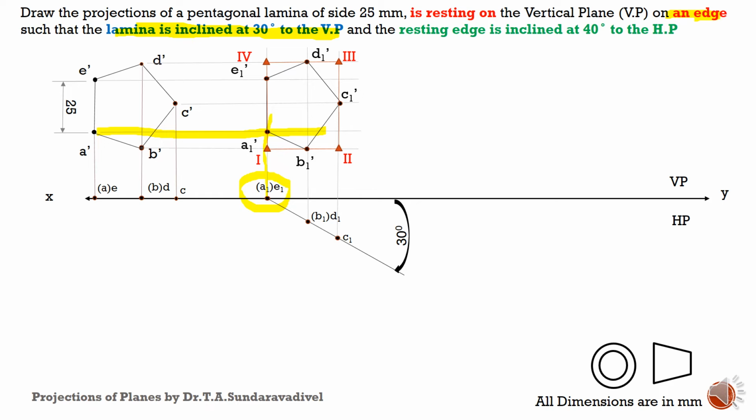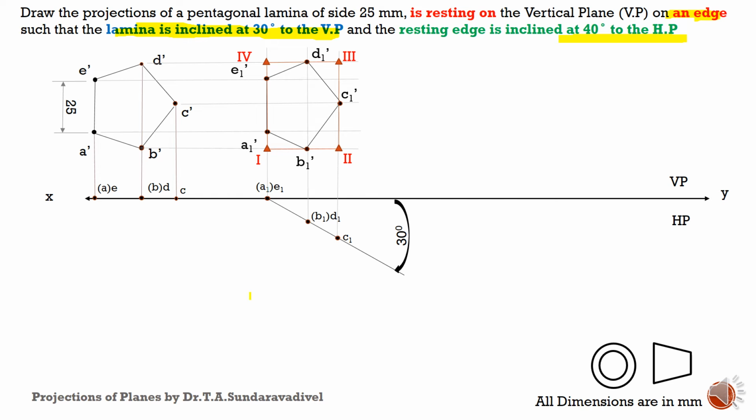So this point is solved. Similarly, the lamina is making 30 degrees to VP, so surface inclination is also solved. But this one is not at all solved. So we can see what is the relation between HP and the resting edge.